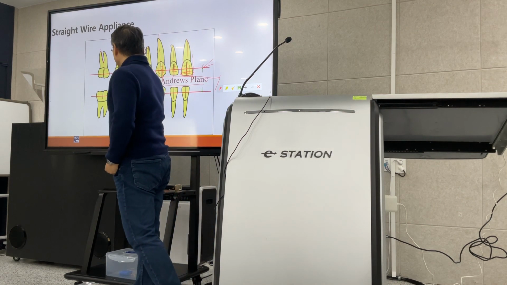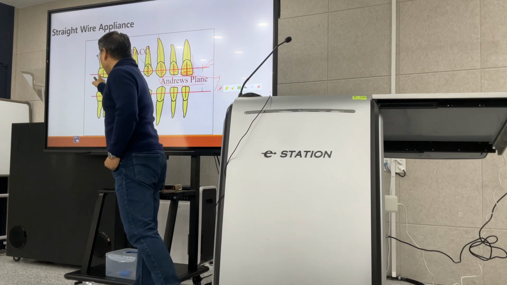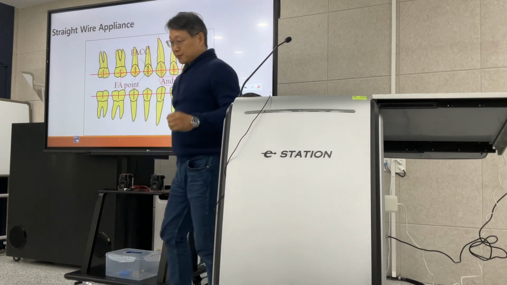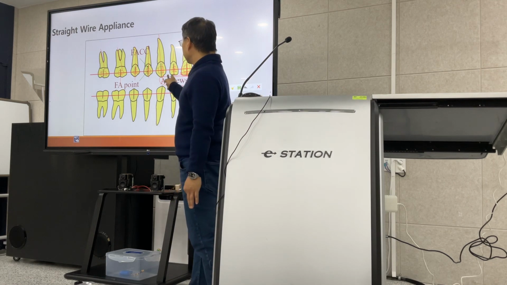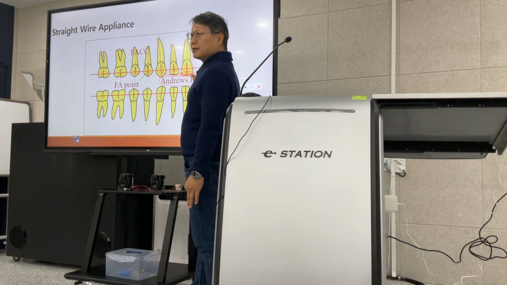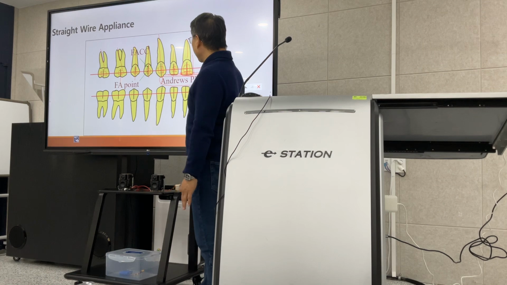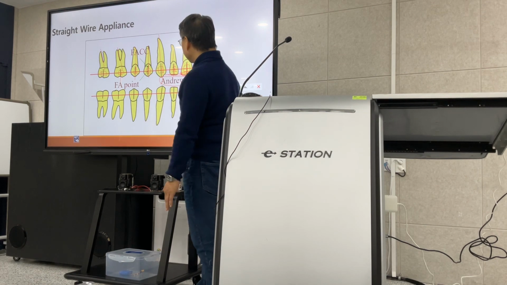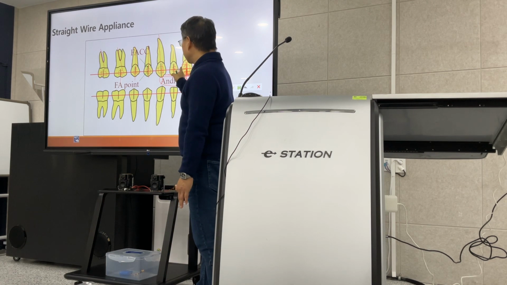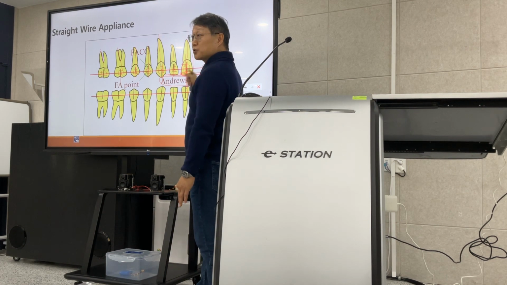Now you can have two kinds of representative points. One is clinically the inside line. The inside line is parallel with Andrews' plane, right? The second one is that the facial axis is perpendicular to Andrews' line.